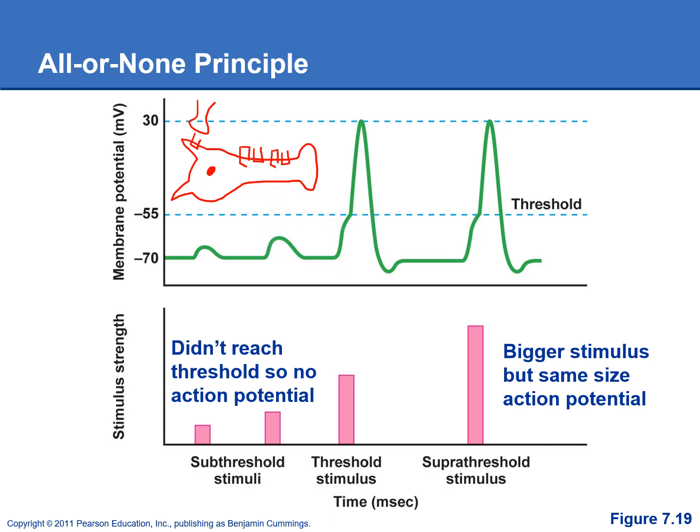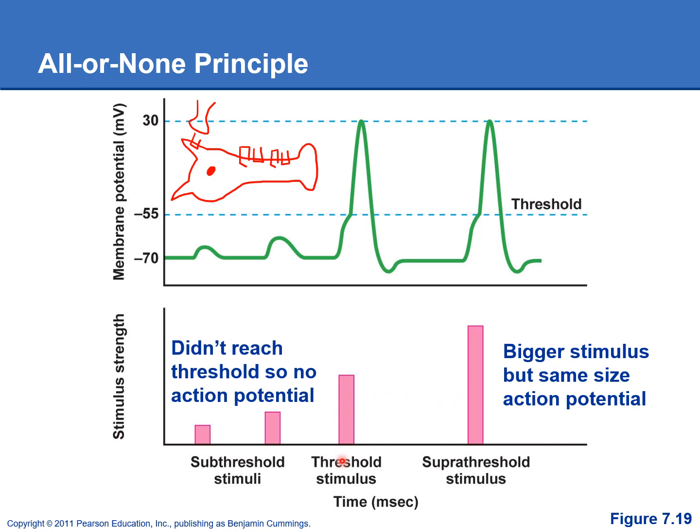The other thing that the all or none principle says is that it doesn't matter how big the stimulus is or how small the stimulus is. As long as you reach threshold, you're going to get the same size action potential. You can see these two stimuli here are different sizes.